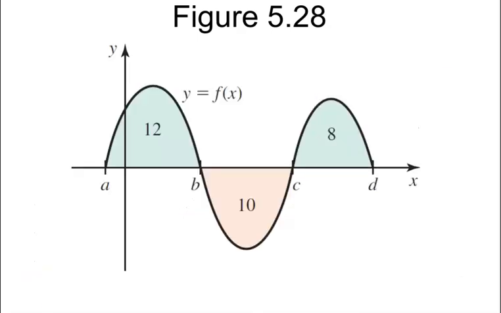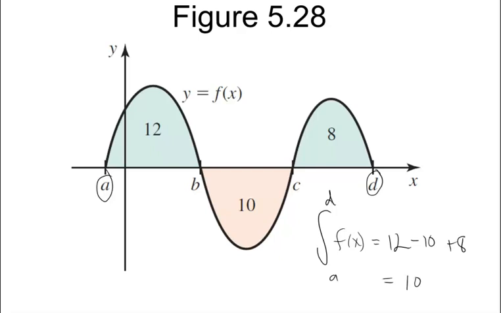All right, so same idea here. What do you get? If I integrate f of x from a to d, it would be 12 minus 10, right? We wouldn't add the 10, plus 8. And that gives us 10.